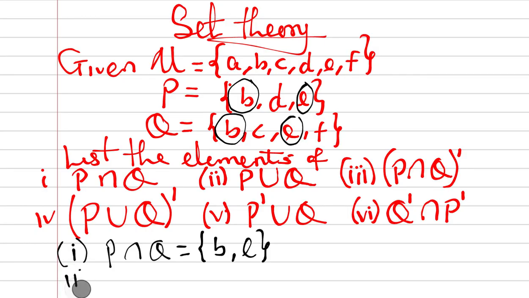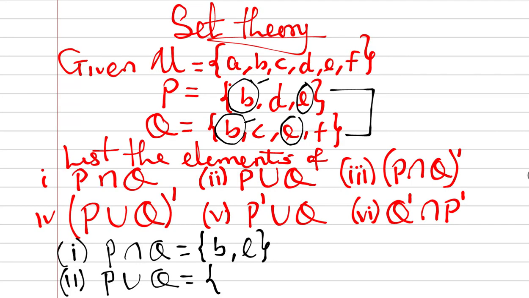Now the union. The second question says P union Q. Now what does union mean? Union means what is in P or Q. That means for union, you are just going to write the two sets' elements together. However, you must not write an element twice. As B is here and B is also here, you cannot say B comma B. You just pick one.